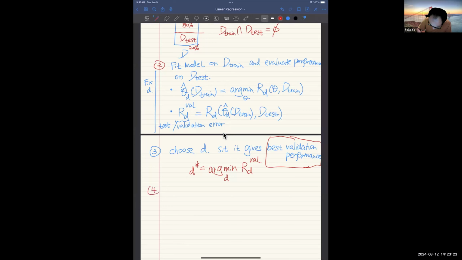The fourth step is optional. After picking the optimal parameter, we can refit the model to the entire data set. That means this will be theta hat of the whole D. So we combine the D back.